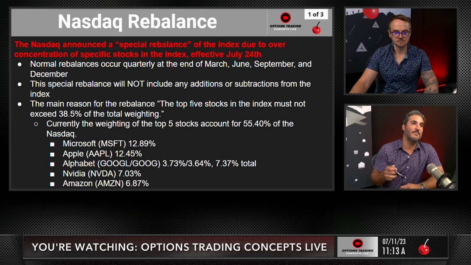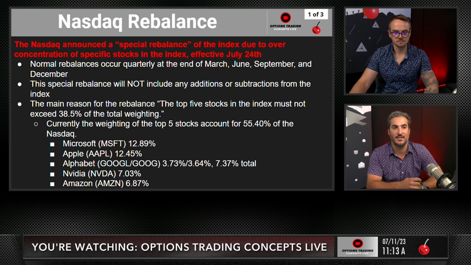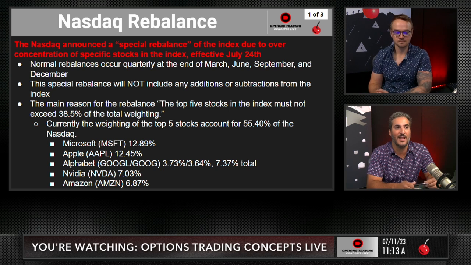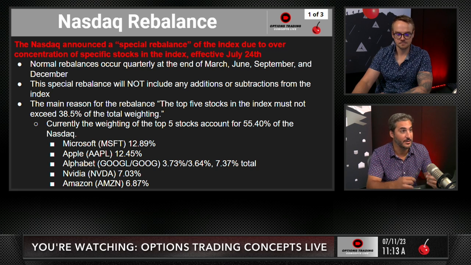The main reason behind this whole rebalance is that the top 5 stocks in the index must not exceed 38.5% of the total weighting. And so that comes from the Nasdaq document, which is linked in the article that I wrote, so you can see that. Currently, the top 5 stocks have around a 55.4% weighting in the Nasdaq index.